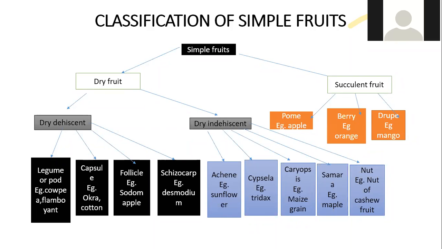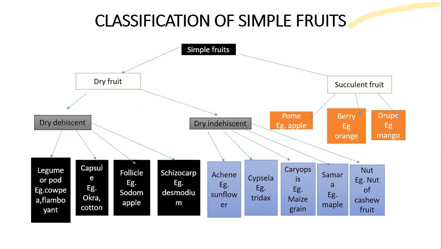Now, this dry fruit, their pericarp, that is the outer covering of the seed, that is the fruit wall, dries up when the fruit is ripened. So when the fruit is ripe, the pericarp, that is the fruit wall, dries up.